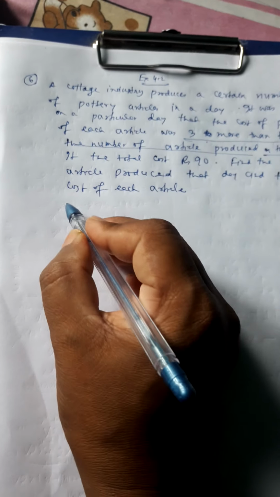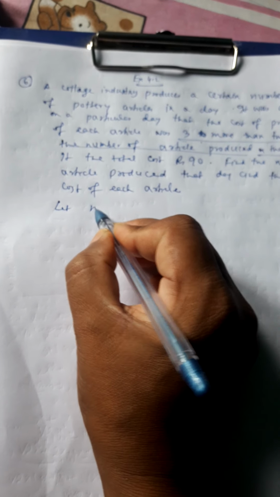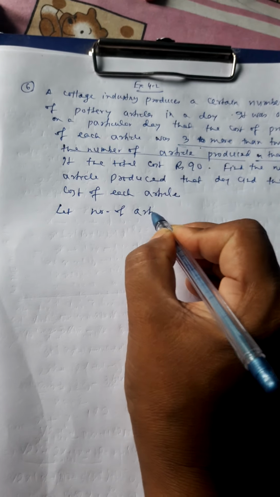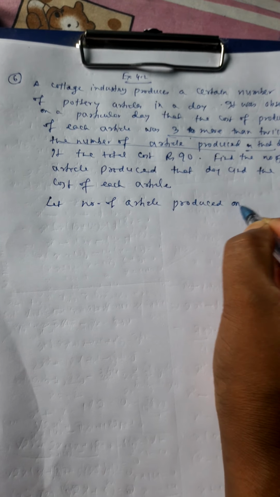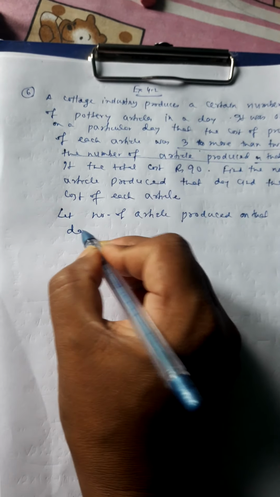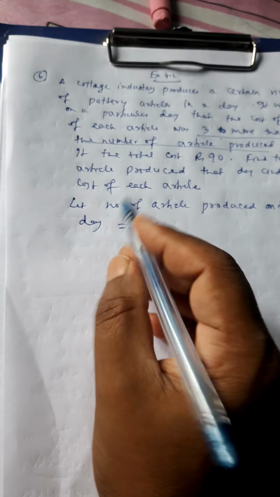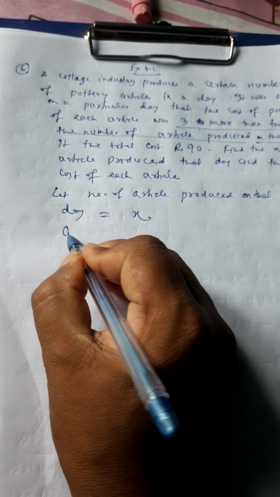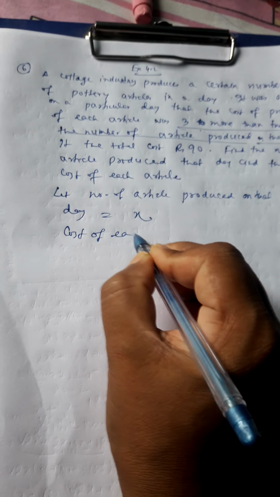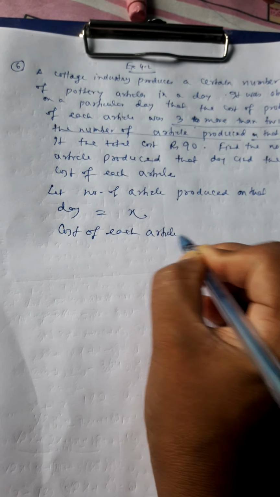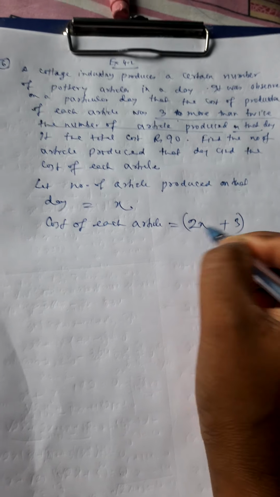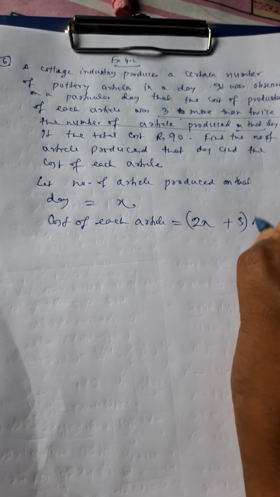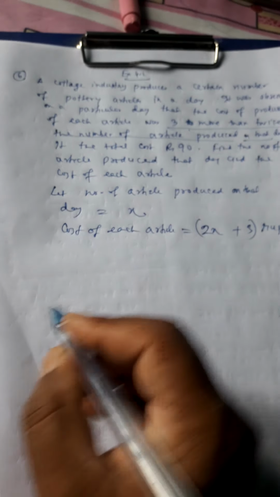So very easy one. Let the number of articles produced on that day be x. Okay, so what is the cost? Therefore the cost of each article will be 3 more than twice the number of articles produced, so this many rupees.